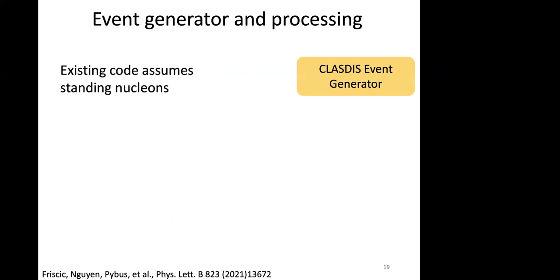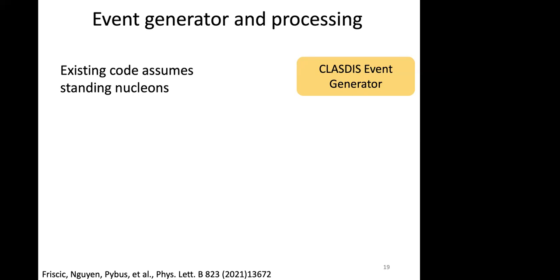So at that time, we are using an existing code called the CLAS DIS event generator. This event generator is used a lot in the CLAS12 analysis at JLab, and it's able to generate DIS events and semi-DIS events as well.